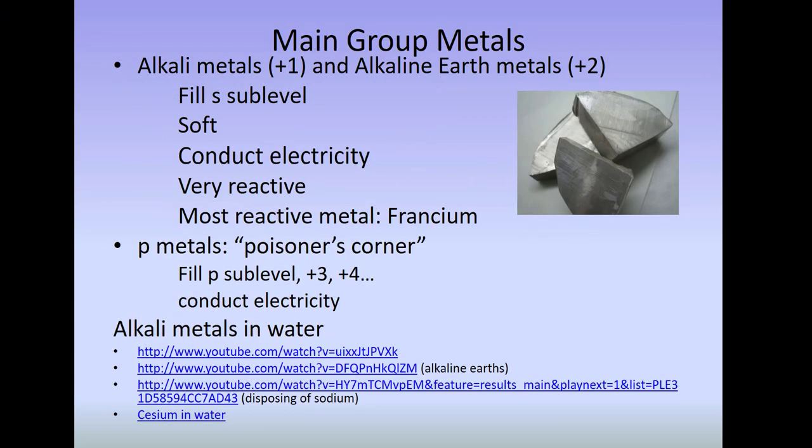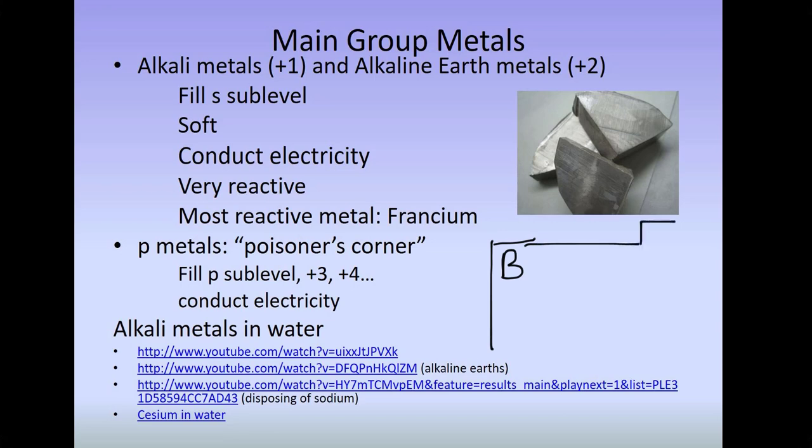All right, let's go to the alkali metals. We're going to look at the main group metals, so not the transition metals, the main group metals. The main group metals are group 1 and group 2, and there are also some metals in the p sublevel. When you look at your p sublevel, it starts with boron here.